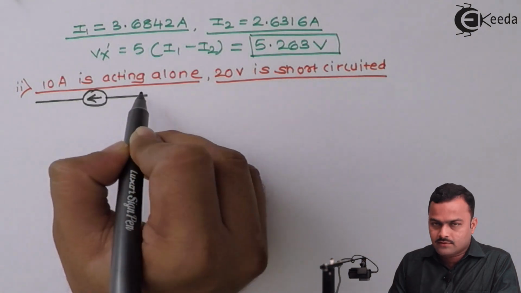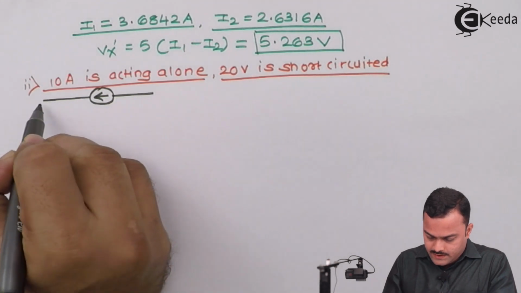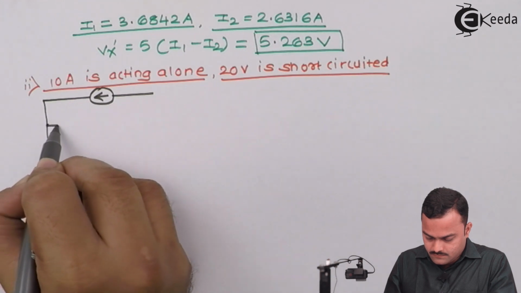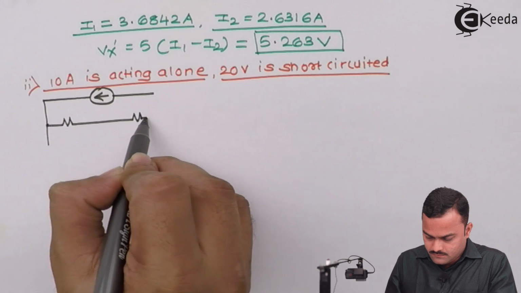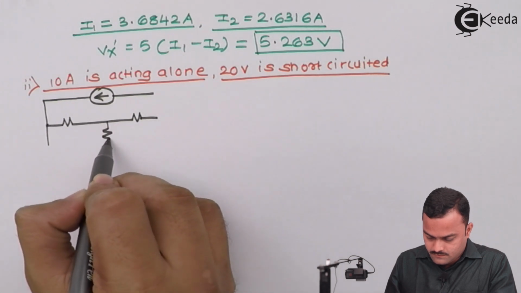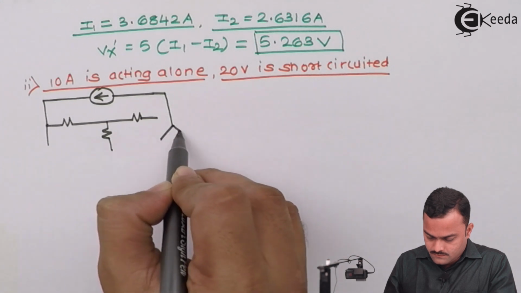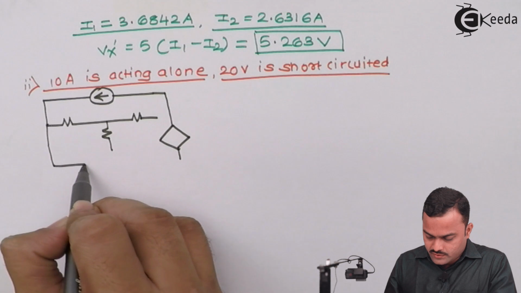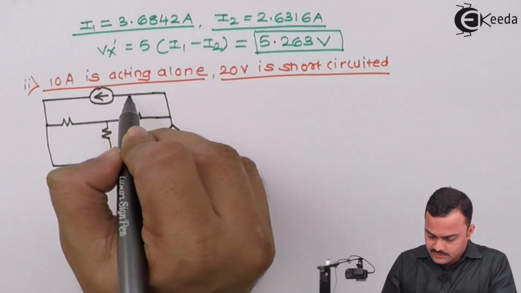10 ampere is acting alone. So we will get a circuit like this. Remember, we have shorted this 20 volt over here and the resultant circuit is like this.